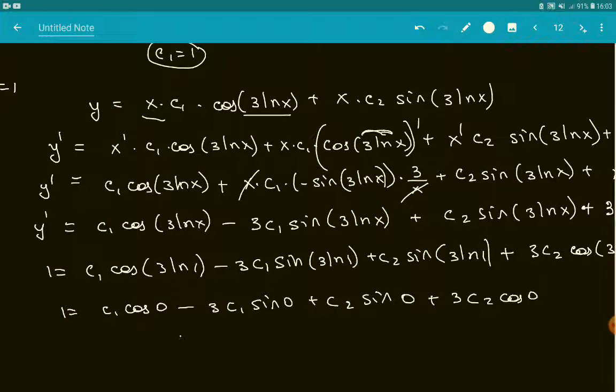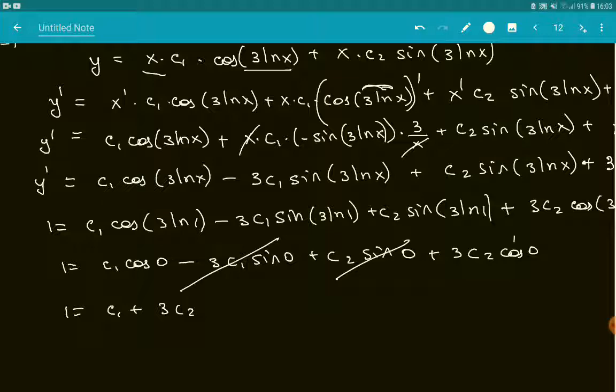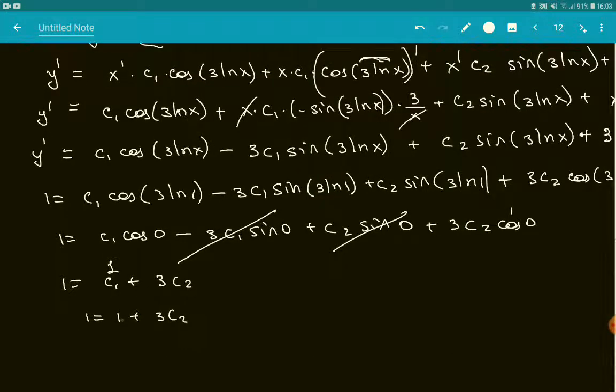Now we know sine 0 is 0, it just goes away, and cosine 0 is 1, so I don't write it. We found c1 before, it was 1, so 1 is equal to 1 plus 3c2. So from here we find that 3c2 is equal to 0 and c2 is equal to 0.